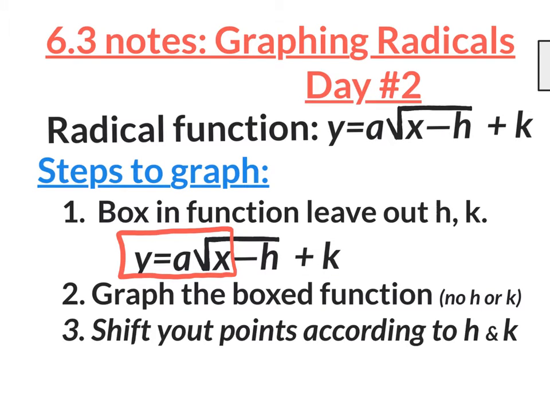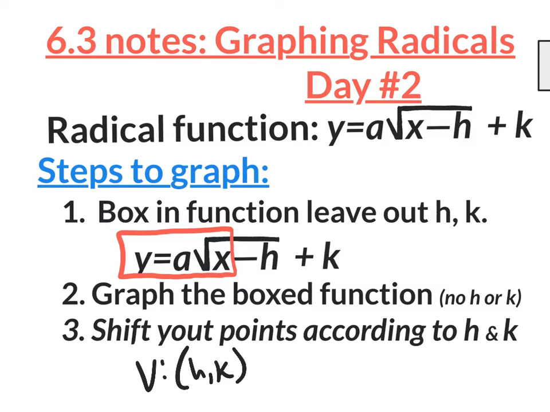And then step three is to shift your points according to h and k. Now remember, whatever h is right here, you think opposite, and k, you take it for what it is. The h value will determine whether you're moving left or right. The k value will determine whether you move up or down. And as a matter of fact, kind of like when we did parabolas, the vertex was the coordinate h, k.